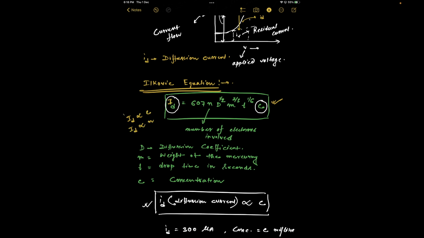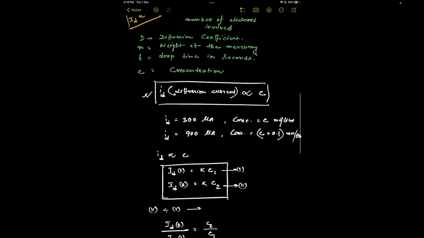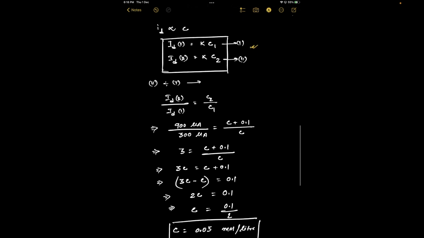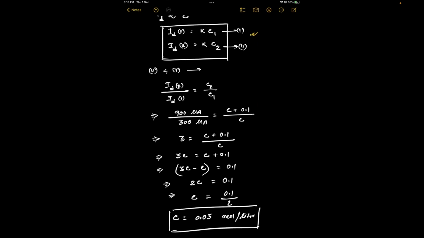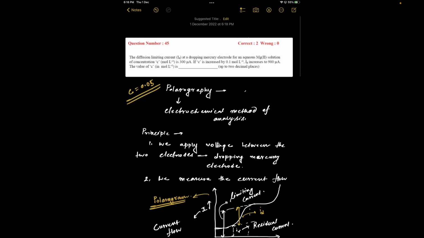These two properties are important, so just remember these two. Then just use this type of relation and divide equation 2 by equation 1, and you can get the value of concentration of the substance. So the answer is actually 0.05.